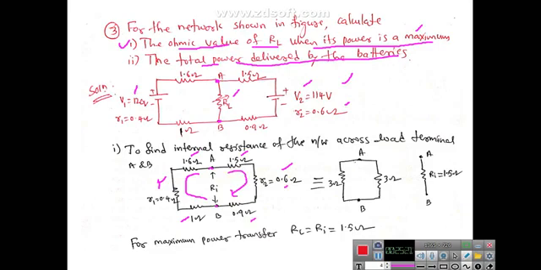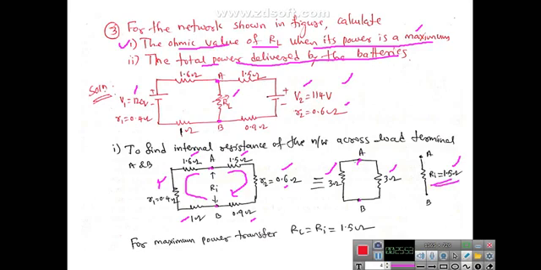So these two branches are in parallel; the three in series can be replaced by a single resistor, and similarly the other three. Now these two equivalents are connected in parallel between the terminals A and B. If you replace these by a single equivalent, that resistance is 1.5, which is nothing but the internal resistance of the circuit across the load terminals.